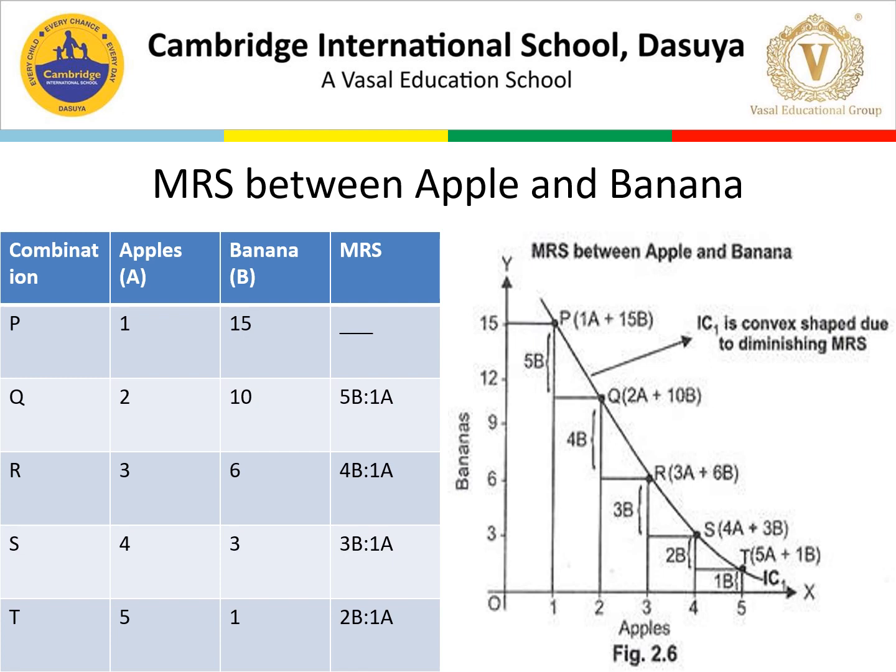In this, 5 units of apple and 1 unit of banana are given, and the marginal rate of substitution always keeps declining with these combinations. You can discuss all these things. Now we can move on. Again we have the IC curve, which is depicting the diminishing marginal rate of substitution.